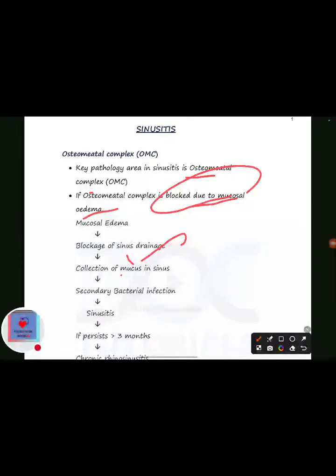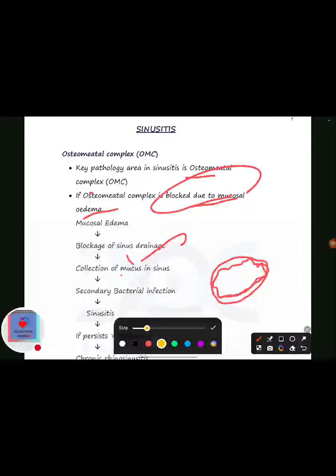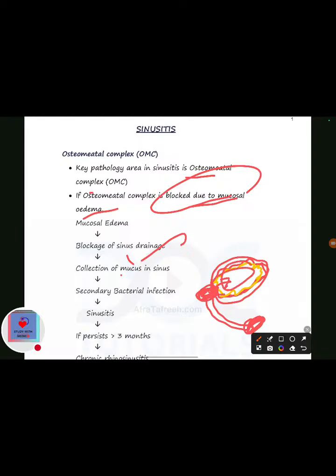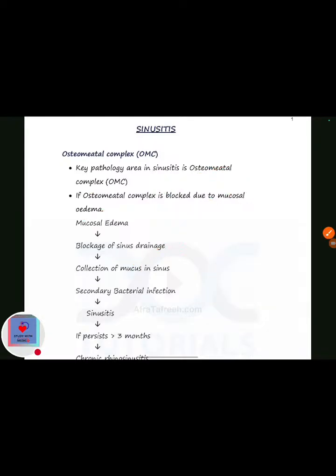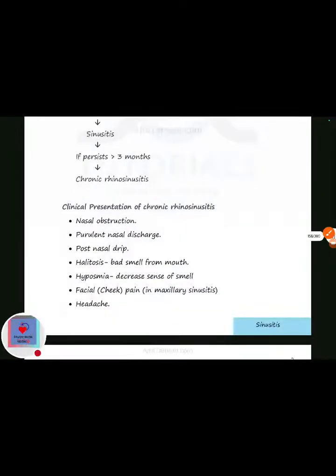The sinuses are lined by pseudostratified ciliated epithelium, constantly secreting mucus, which drains through the ostium into the middle meatus. If this is blocked, mucus collects, and collection can lead to infection: sinusitis. If it persists for more than 3 months, it is chronic rhinosinusitis.